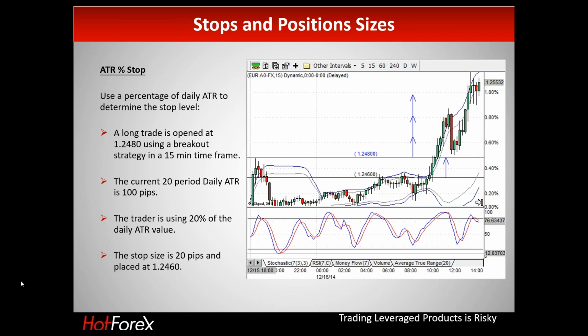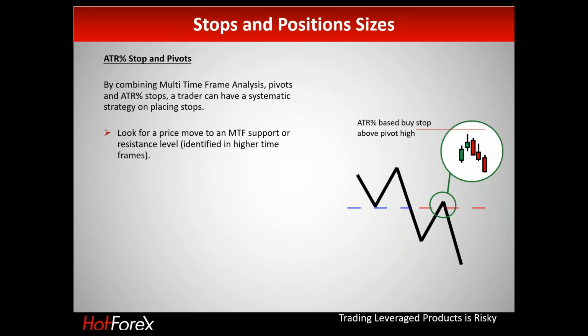So the risk and reward here was 1 to 3. Risking 20 pips, but my target will be 60 pips if I hit it. So I will gain triple of what I have risked. Okay, so that's how you can treat it.